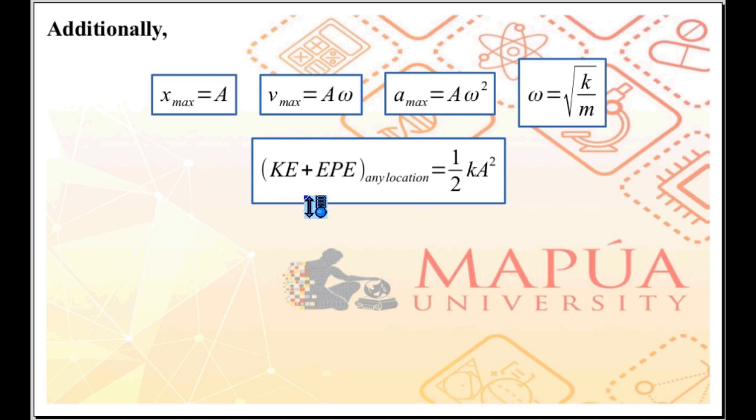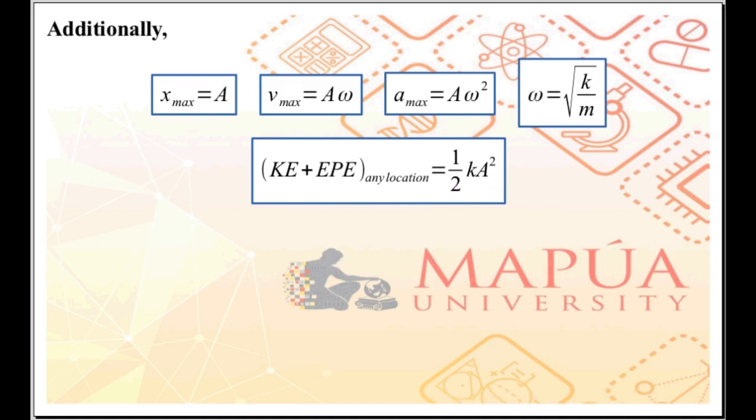And the total mechanical energy, kinetic energy plus elastic potential energy, or simply potential energy if you will, the value of the mechanical energy at any location in the vibratory motion is given by 1/2 k A squared. So again, the total mechanical energy at any location in the vibratory motion is 1/2 k A squared.